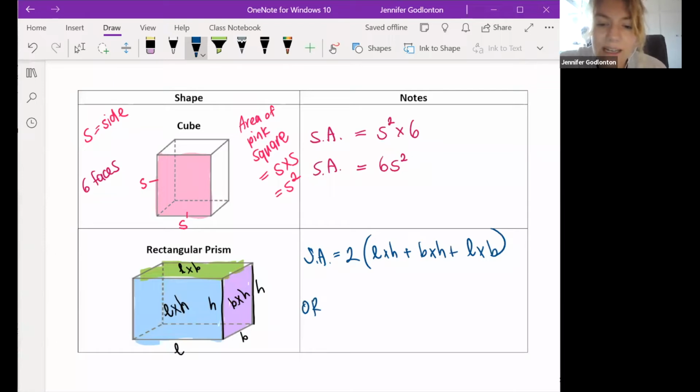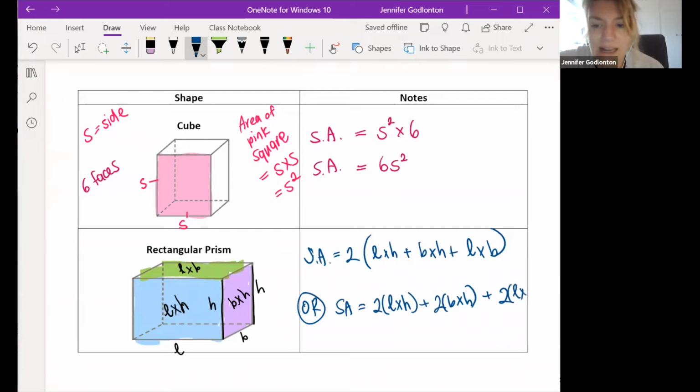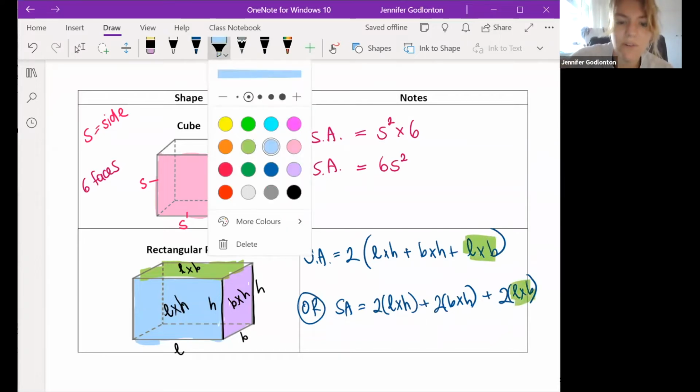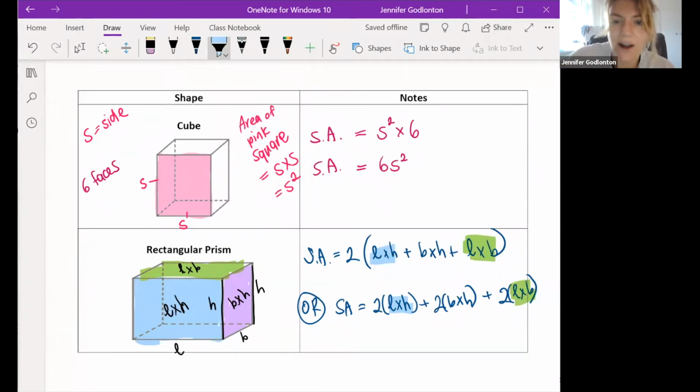Some people find it easier to write out the 2 each time. So 2 times length times height plus 2 times base times height plus 2 times length times base. You must do the one that you feel comfortable with. So this length times base, that's our green one over there. And then we've got our blue one, which is our length times our height.